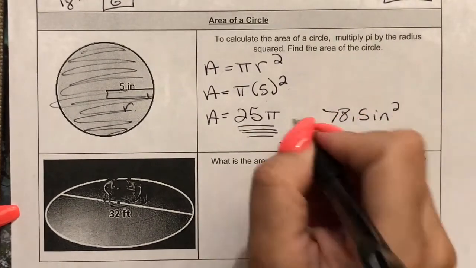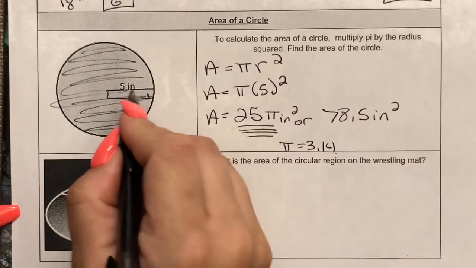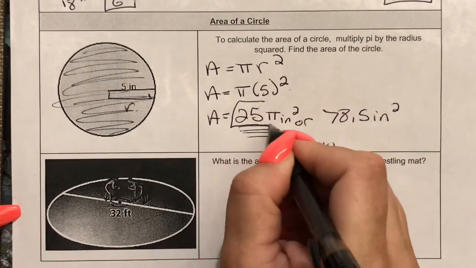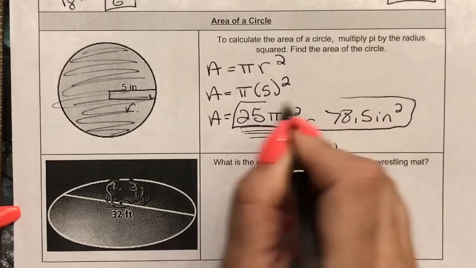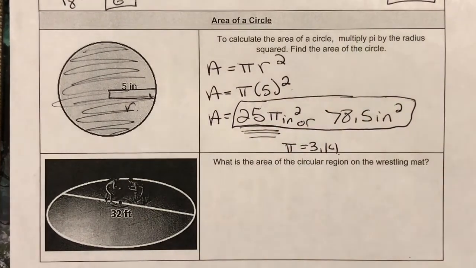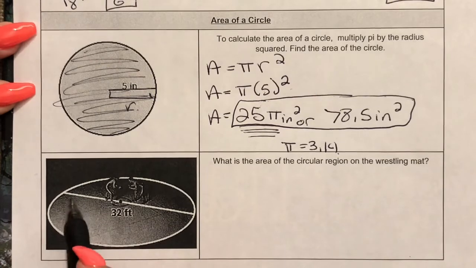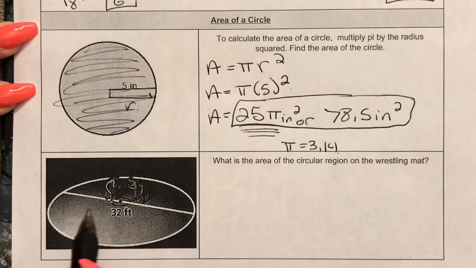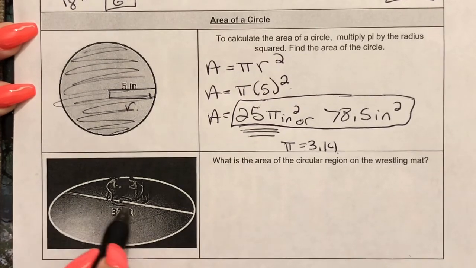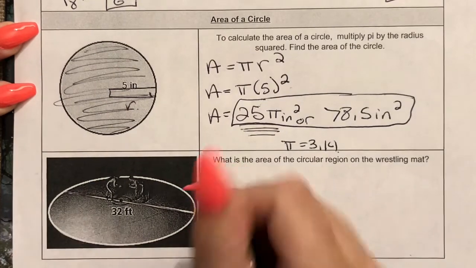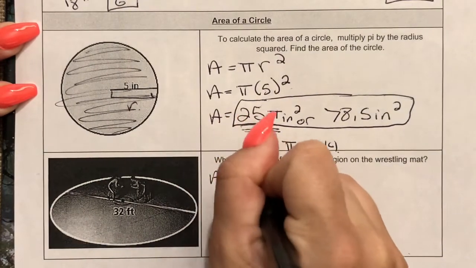Since this is area and it was inches, I want to make sure that I say inches squared at the end of my answer. In the next one, same idea. I want to find the area of the entire wrestling mat. I can see here that the diameter this time is 32, but for my formula, I need the radius.